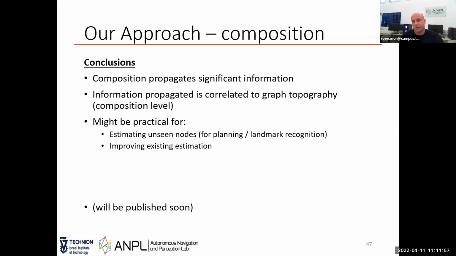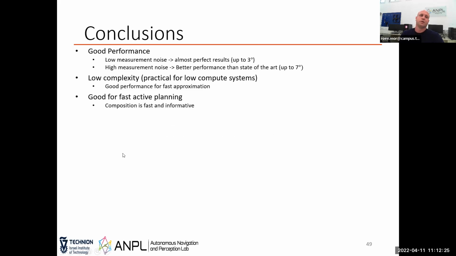You can actually estimate unseen nodes, nodes that you didn't measure together at all, and still estimate the qualitative state of this landmark triplet. And this is a big step towards active planning. You can plan for landmarks, triplets that you haven't seen together yet. And this part is not yet published, but will be published soon.